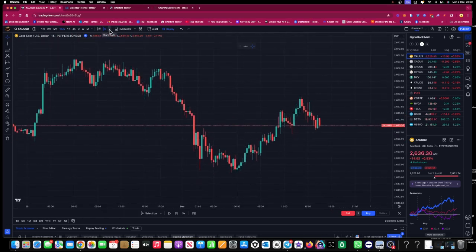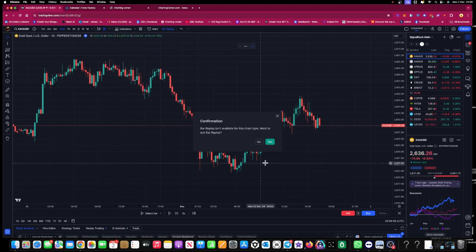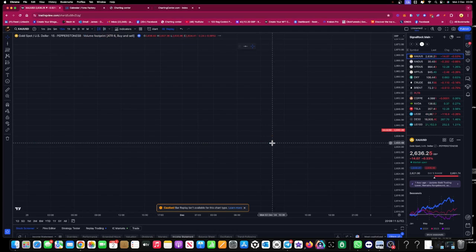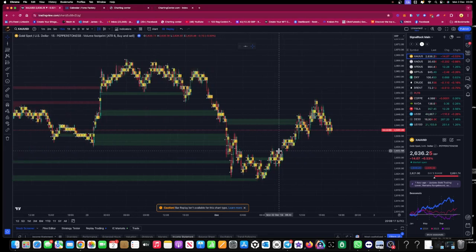So what I want to start building in is a volume footprint. A volume footprint is basically all the orders. Okay, so there it is.